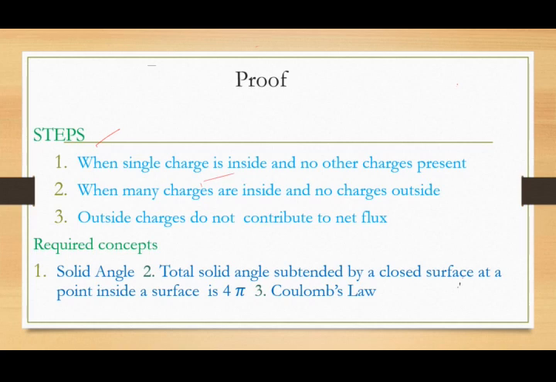Third step, since we are telling enclosed only, we have to prove that outside charges do not contribute to net flux. Required concepts are mathematical concept of solid angle and the fact that total solid angle subtended by a closed surface at a point inside a surface is 4 pi, and our friend Coulomb's law.